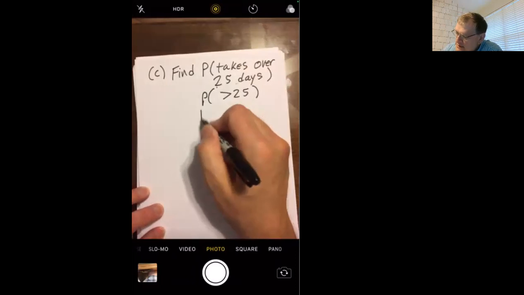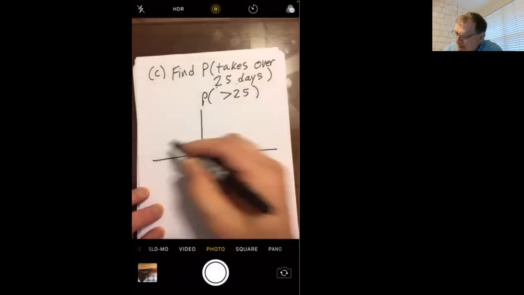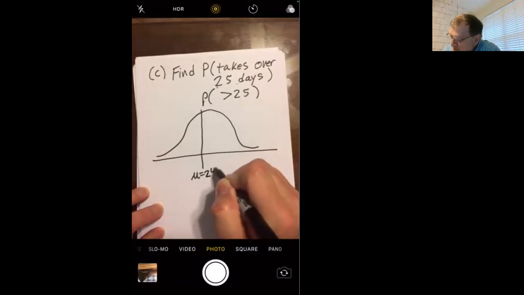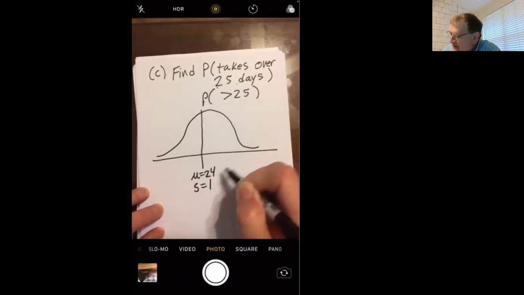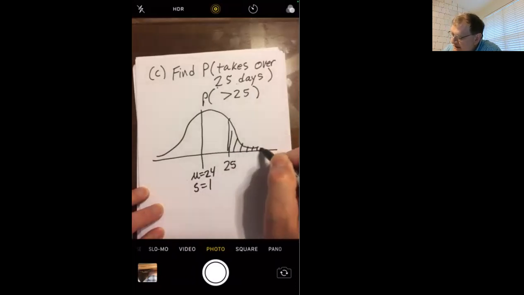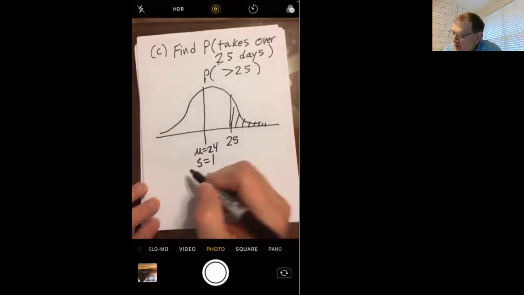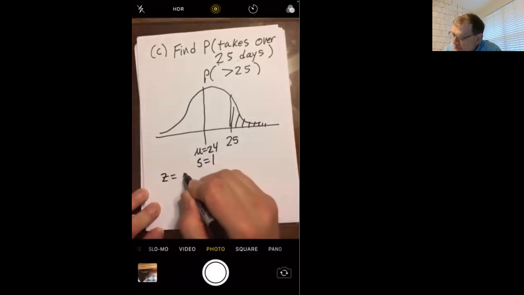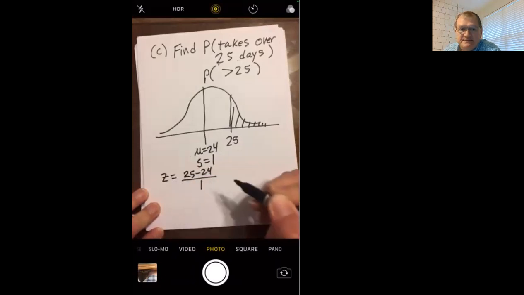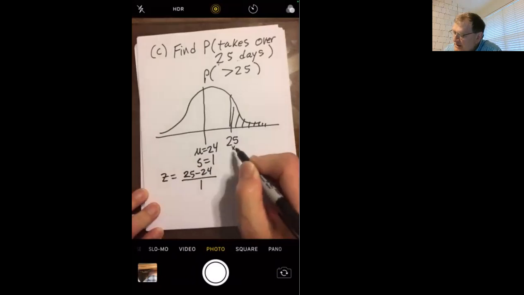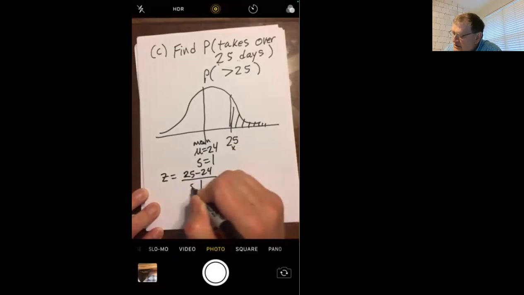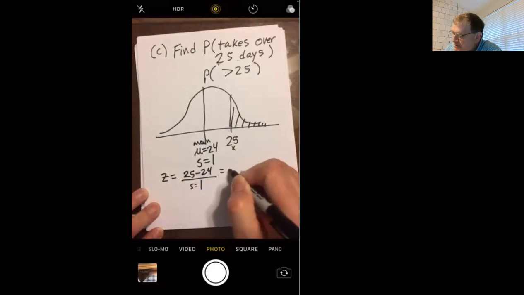We draw a picture. Mean is 24, standard deviation is 1. At 25 you're going to be 1 standard deviation above. I'll do the formula: 25 minus 24 divided by 1. This is your x, this is your mean, and you're dividing by your standard deviation. That's going to be 1.